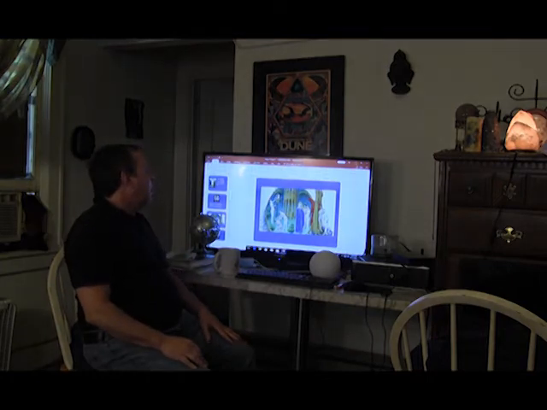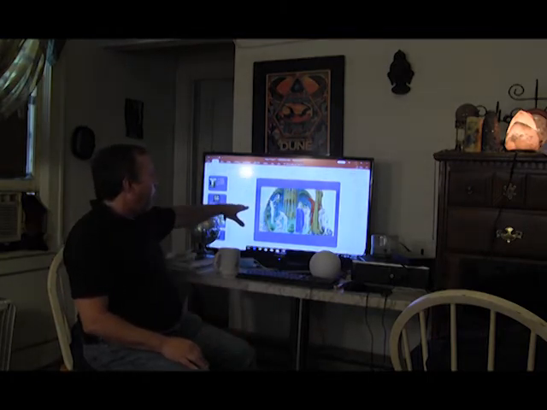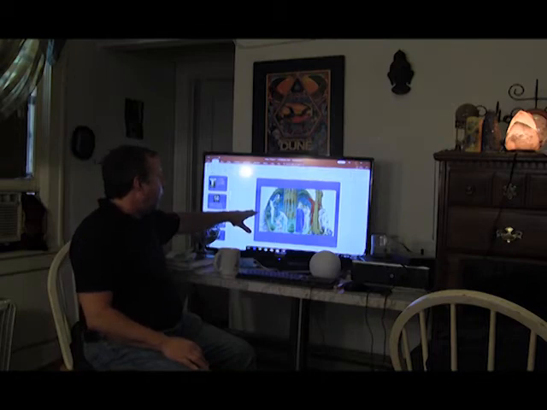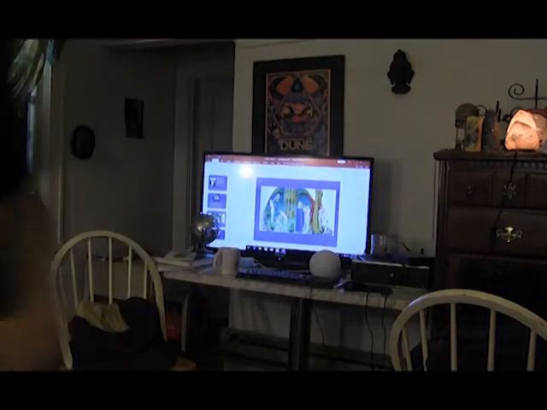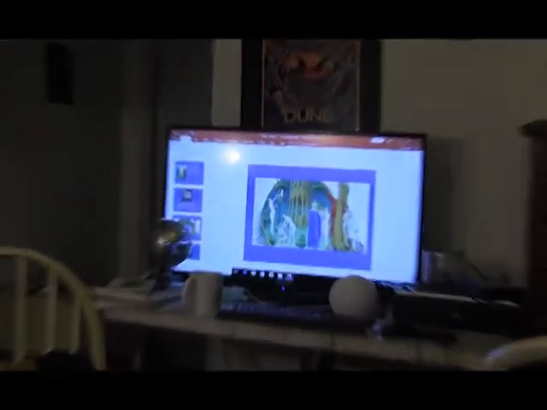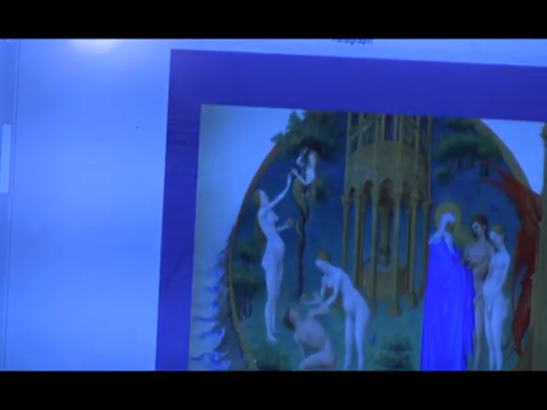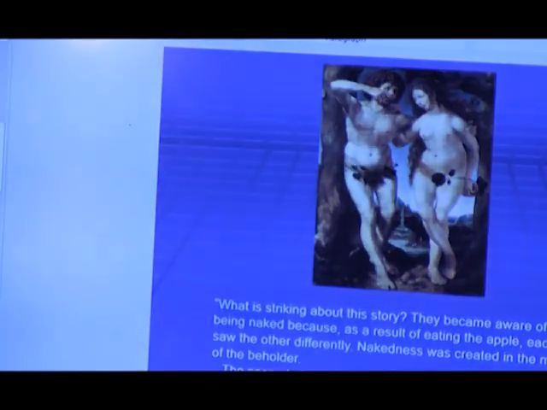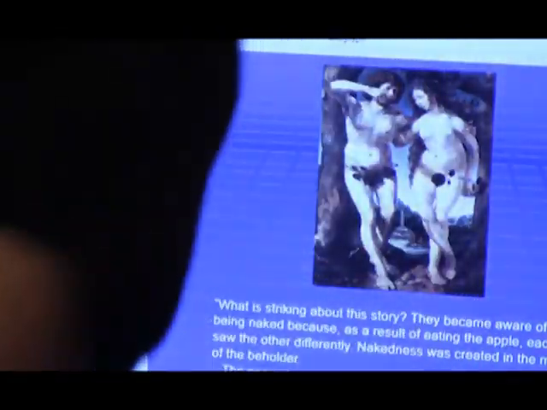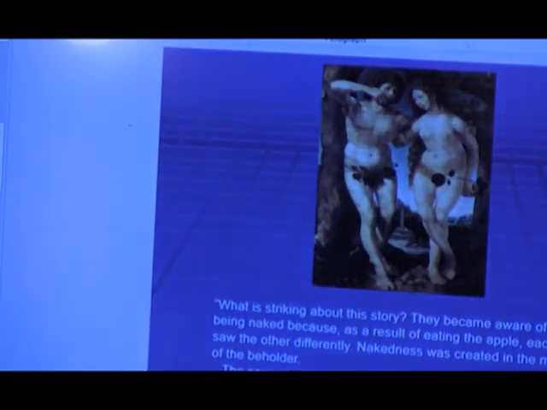Berger will go on to say that later on this will all be represented as a tableau, that artists will show it as a series of events instead of one event, and then even later than that, the emphasis will always be on the event itself, the awareness of nakedness.